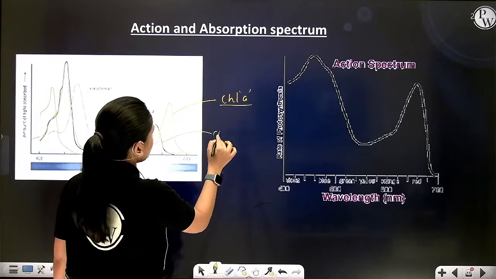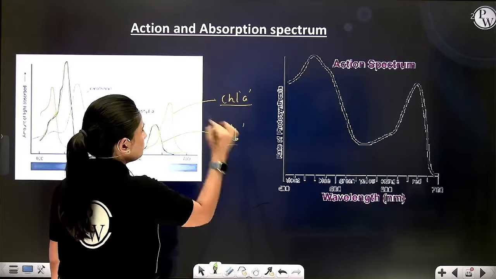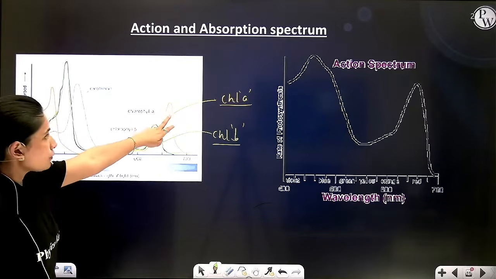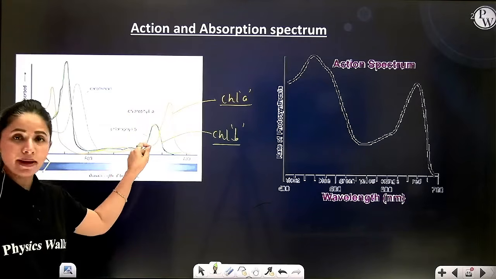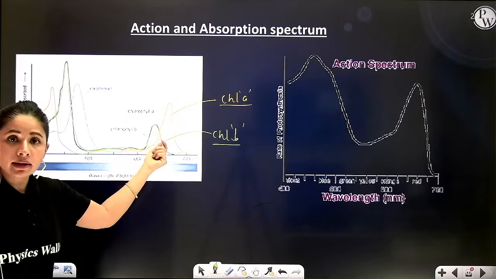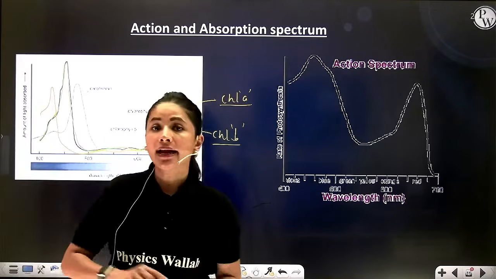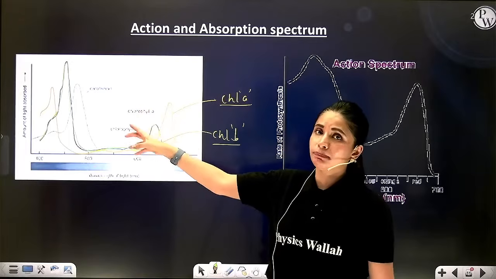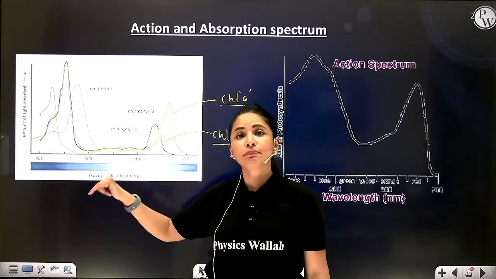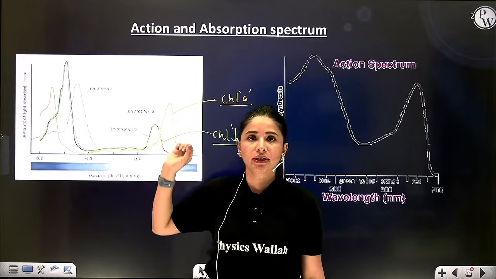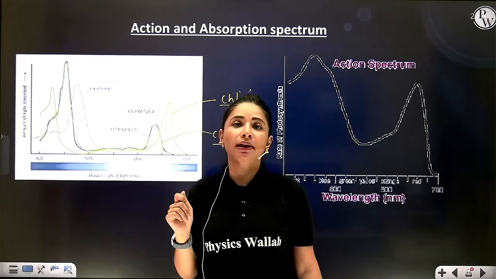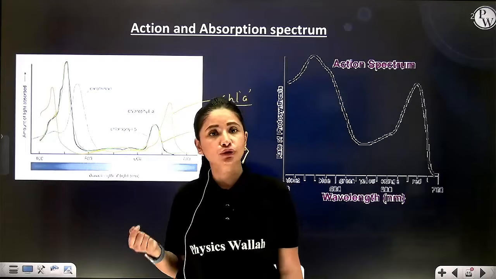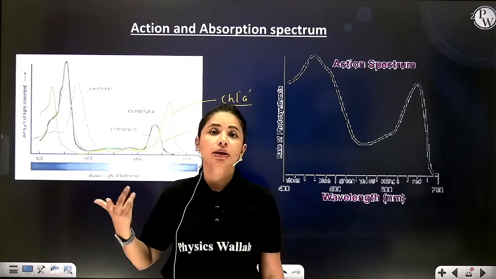So this is for chlorophyll B. You can see that the chlorophyll A peak is higher at the red region as compared to chlorophyll B, and the chlorophyll B peak is higher at the blue region as compared to chlorophyll A. This is one of the best methods to remember which graph depicts the photosynthetic range of which pigment.